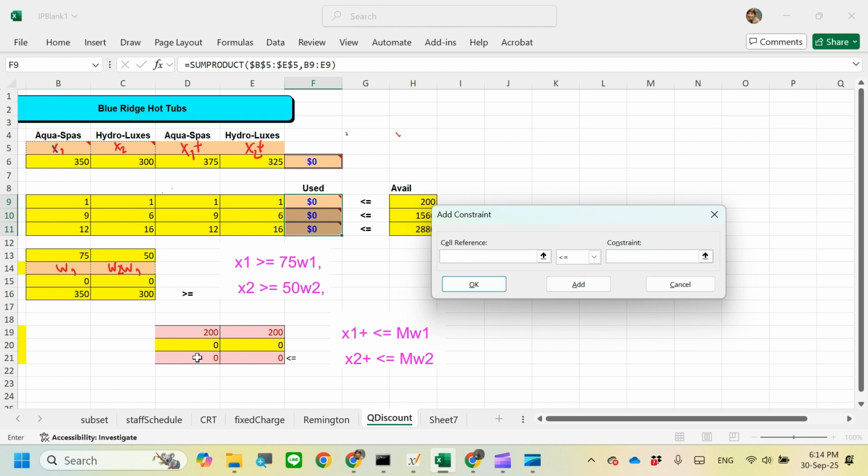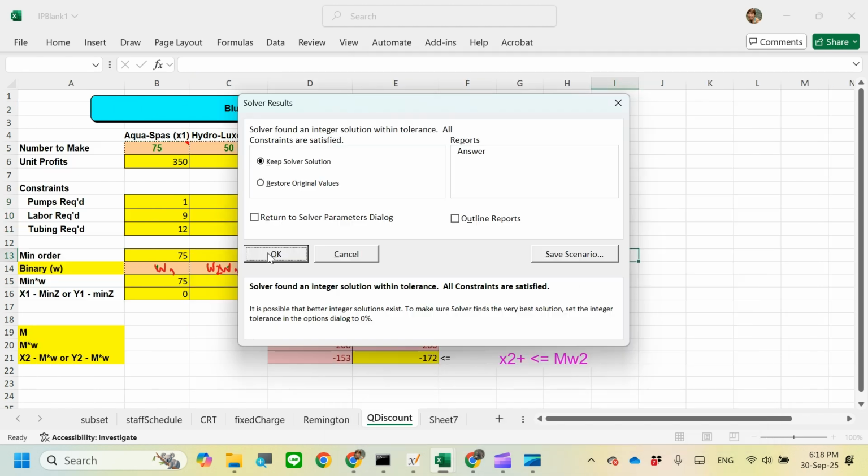Add, and then this is less than or equal to 0. And then I also have to say that this is binary, and this is integer. I think that's it.